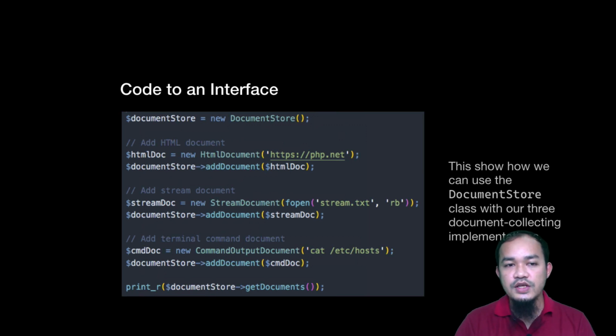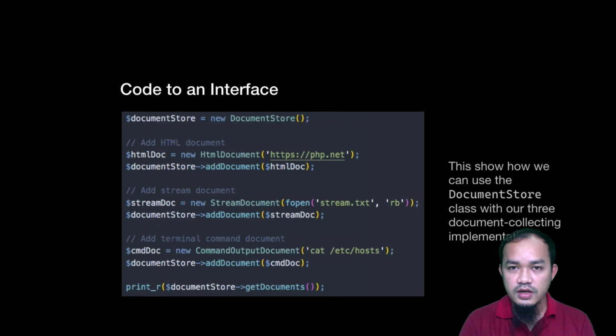When we want to use it, we create our object of the DocumentStore class. The first one, we try to retrieve the HTML from php.net. The second one, we try to read the stream.txt file. The third one, we try to read a file inside the computer.